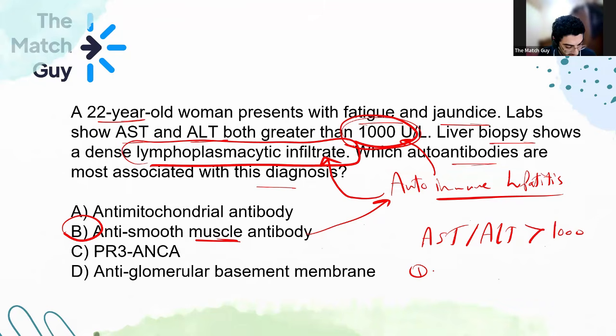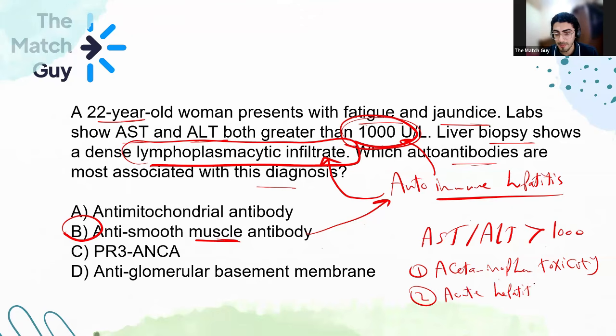Amazing. Excellent, Carol. Acetaminophen toxicity. We expect these patients to have high AST and ALT more than 1,000. Also, in case of acute hepatitis A or B, these patients can present with AST and ALT more than 1,000.